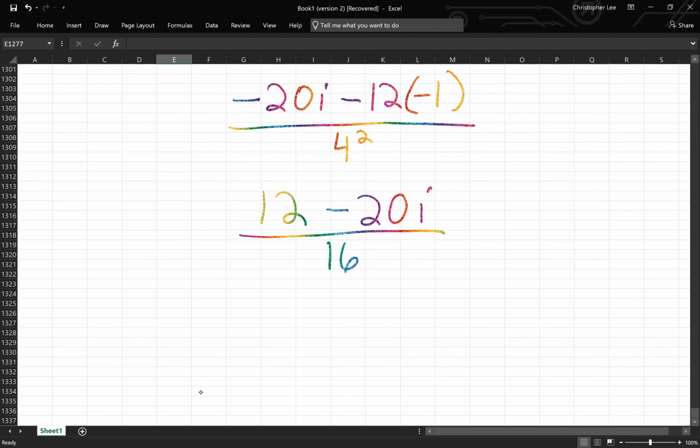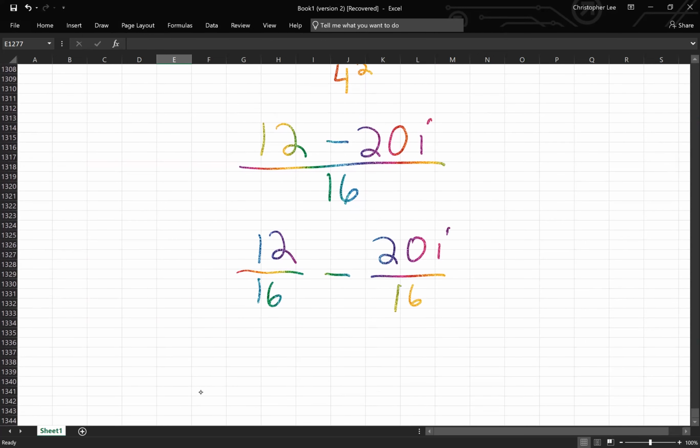Now, technically what I should do is 12 over 16 minus 20i over 16 and reduce them individually. So for 12 over 16, 4 goes into 12 3 times, and 4 goes into 16 4 times. So 3 over 4 minus, and 4 goes into 20, I think 5 times.